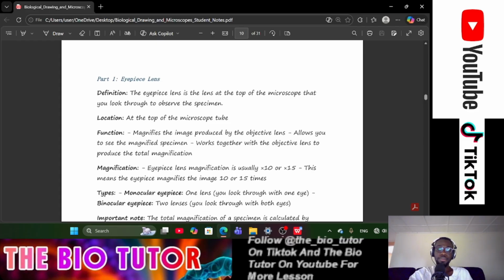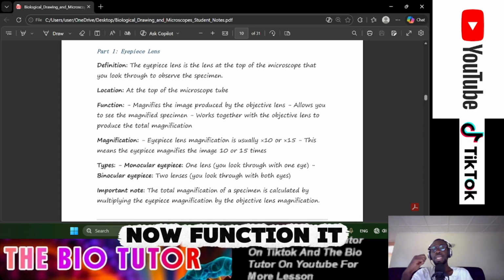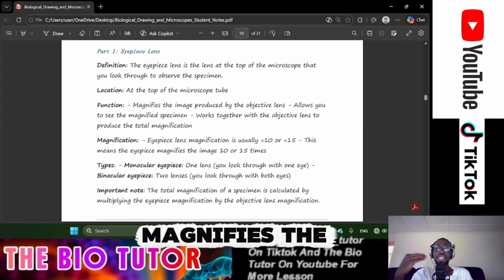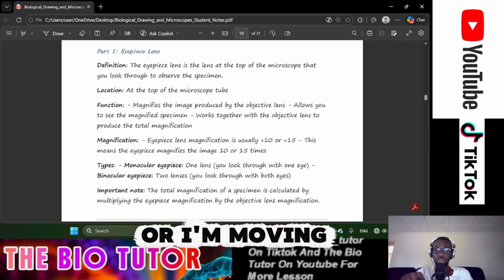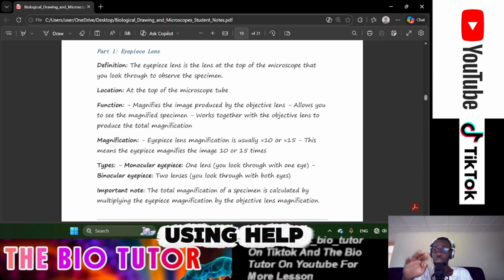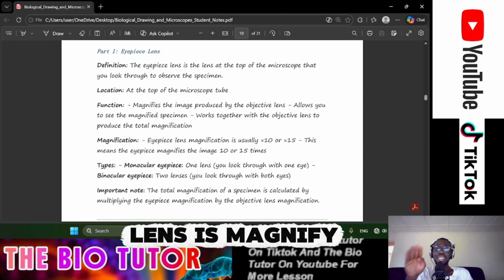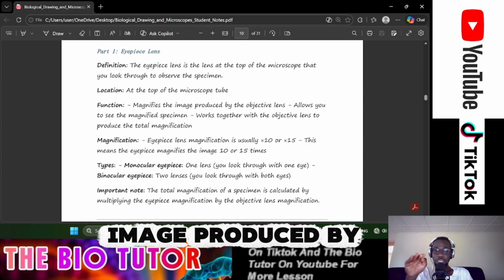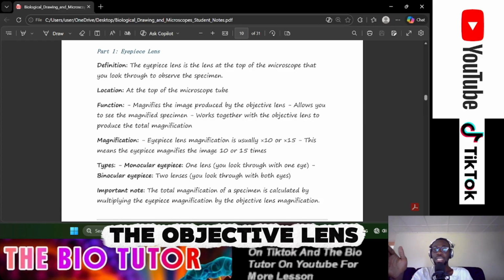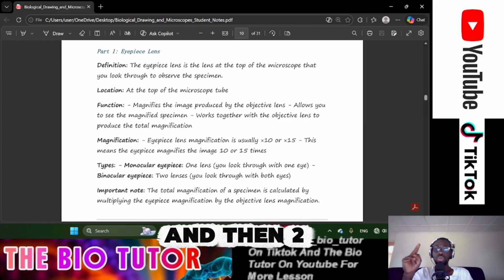Now function. The function of the eyepiece lens is, one, it magnifies the image produced by the objective lens. Two, it allows one to see the magnified specimen.